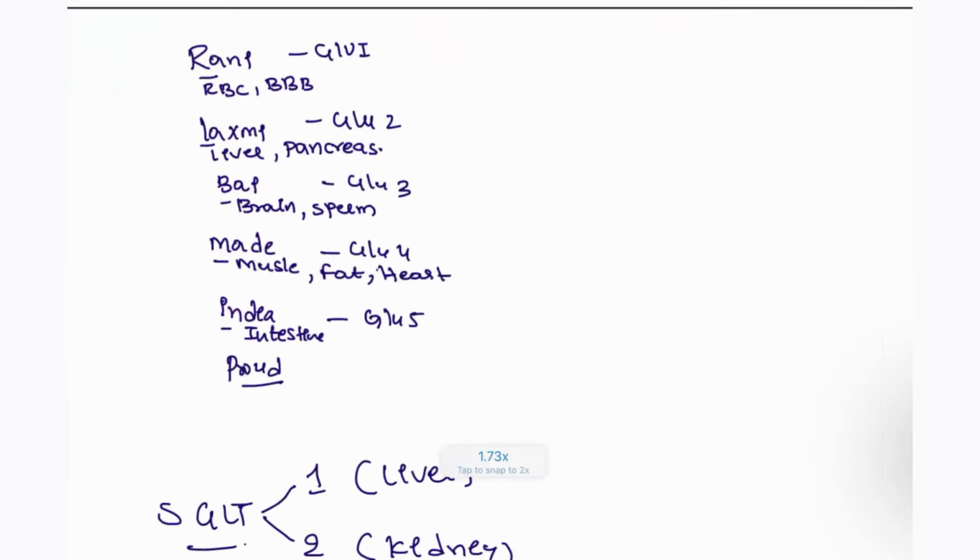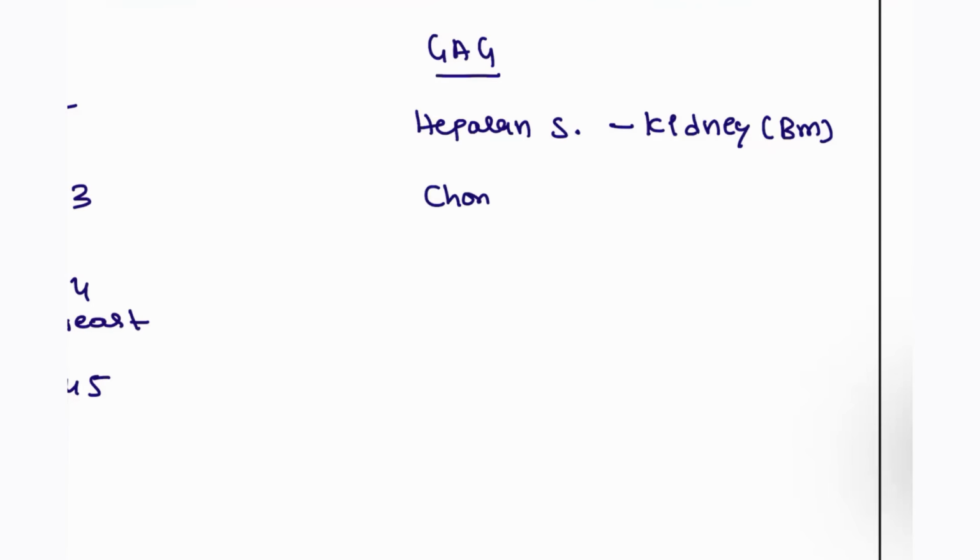Next, we also have the GAGs, glycosaminoglycans. Heparan sulfate is present in the kidney basement membrane. Next, chondroitin sulfate: C for chondroitin, C for cartilage.